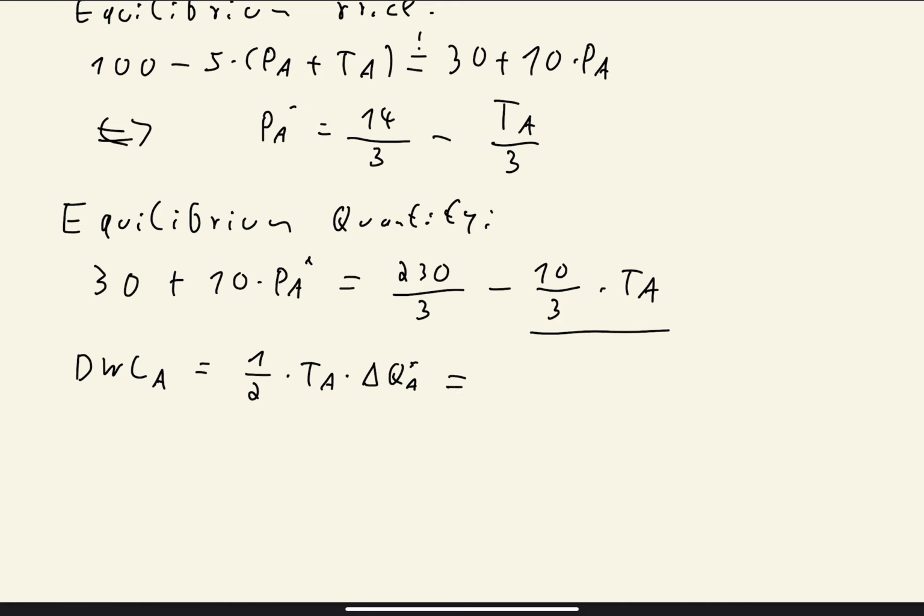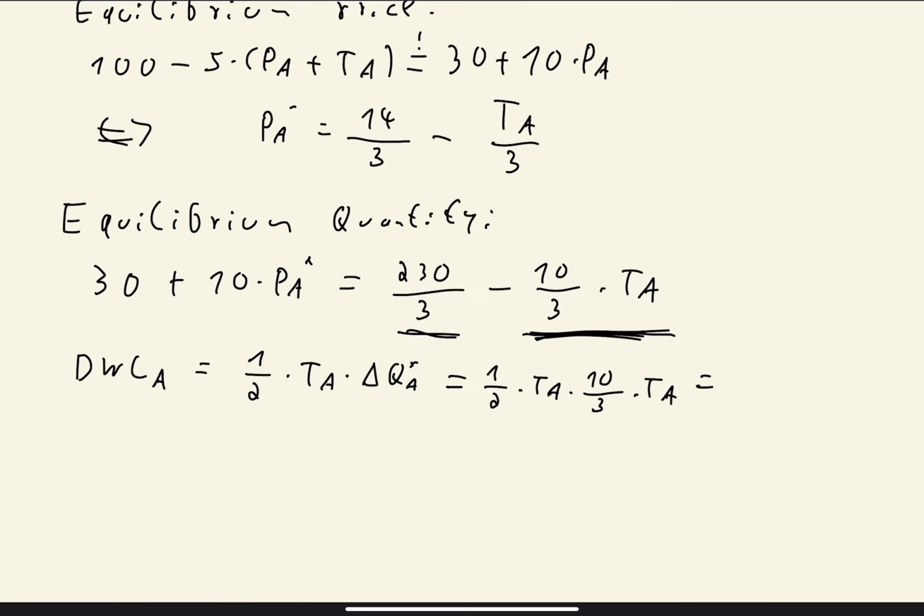So if we plug it in, we have 1/2 times TA times 10 divided by 3 times TA. The reason why this is the change is that if we set TA equal to 0, we end up with the quantity traded without the tax. Due to the tax, we have a reduction of 10 divided by 3 times the tax itself. So this is how you know what the change in quantity due to the tax is.